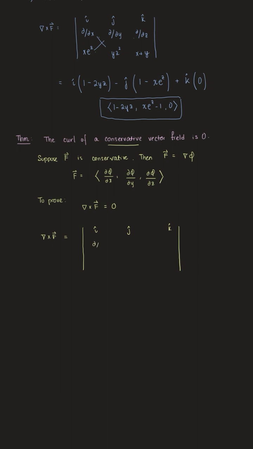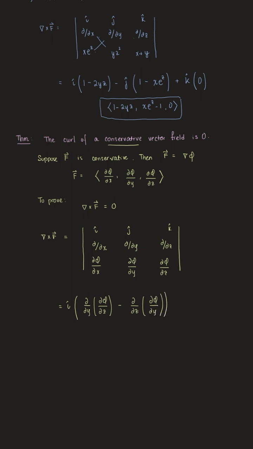The curl of this vector field, which represents any conservative vector field, will look as follows. So we've got our components of the del operator and the components of our vector field that is conservative. And so when we find each component, let's see what we get. We're going to have the partial with respect to y of the partial of phi with respect to z minus partial with respect to z of the partial of phi with respect to y.